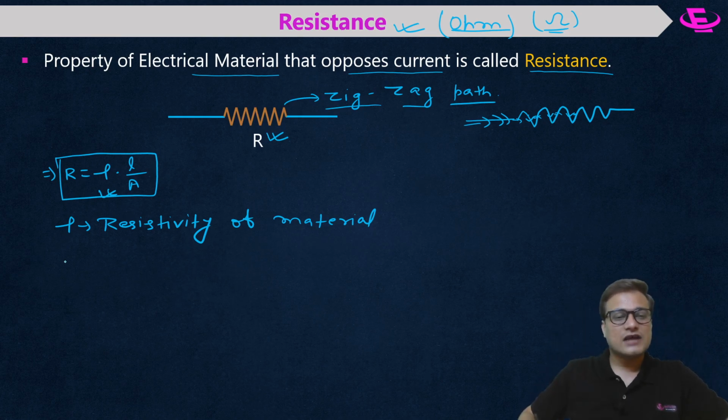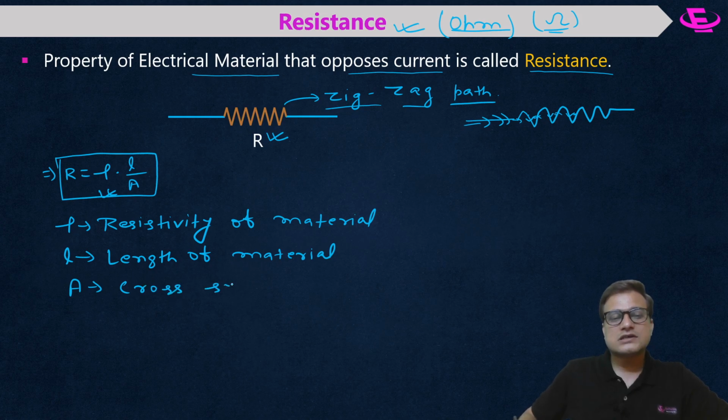So what is L? L is nothing but the length of the material, and A is the cross sectional area.